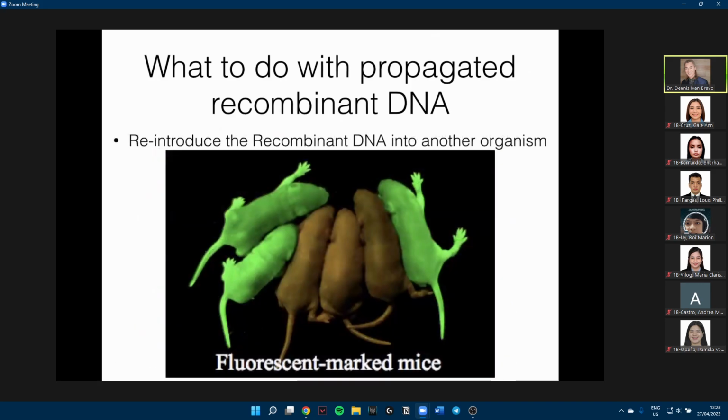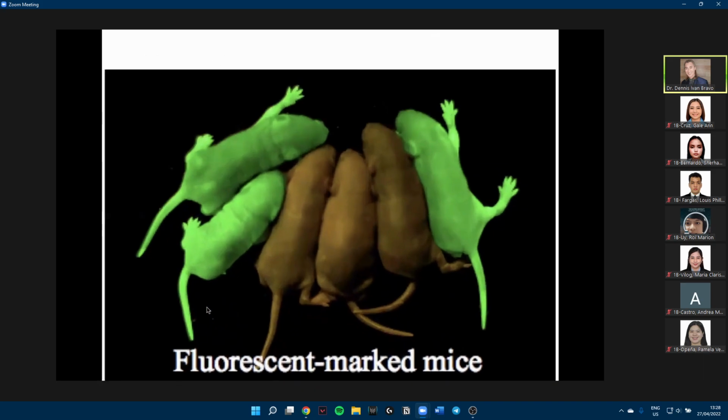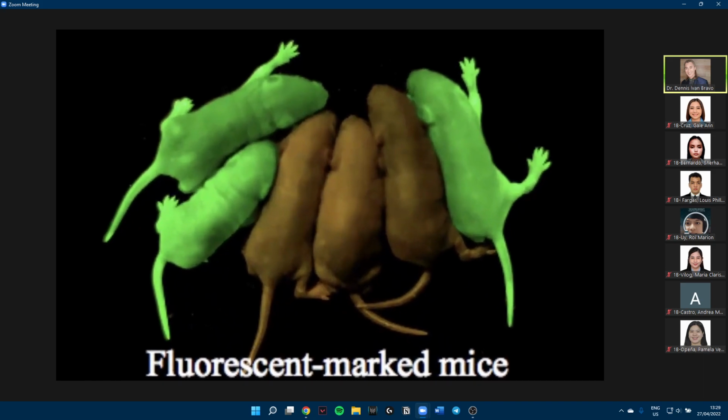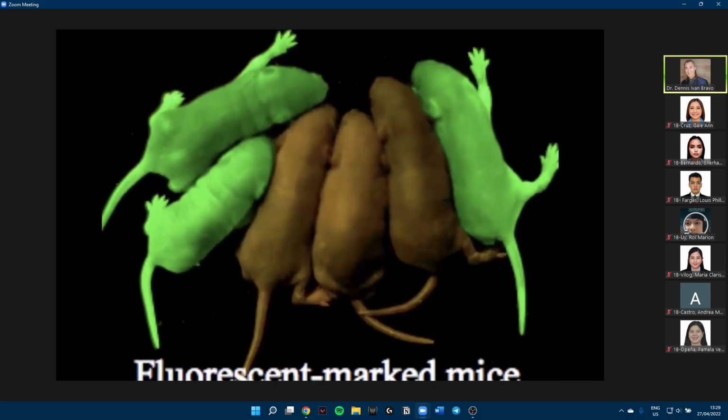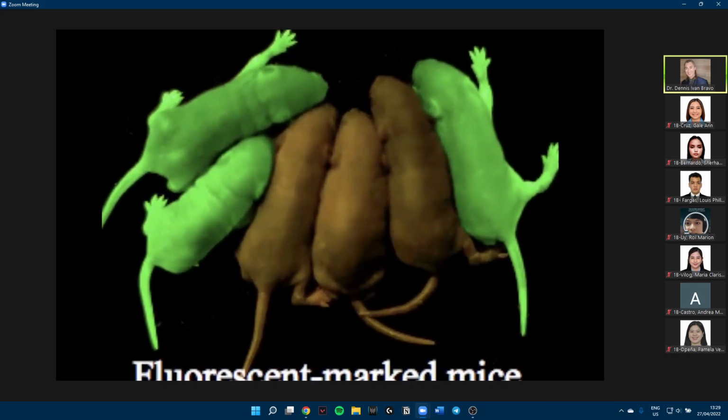Another thing that can be done with a propagated recombinant DNA is that it can be reintroduced into the genome of another organism. In this example, the green fluorescent protein gene that is originally found in jellyfish was isolated and propagated.